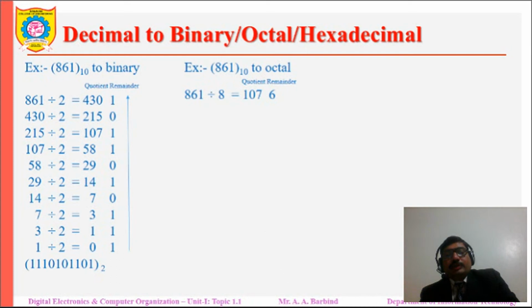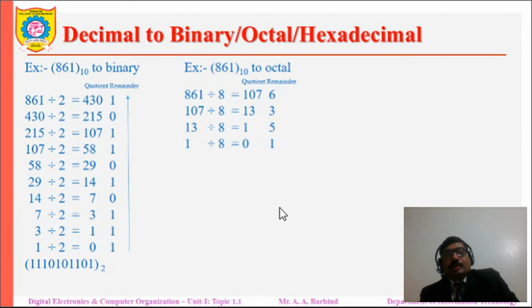Then we divide that quotient 107 by 8 again. So the new quotient is 13 and the remainder is 3. 13 again we divide by 8, quotient is 1 and remainder is 5. Then at last we divide 1 by 8, the quotient will be 0 and the remainder is 1.